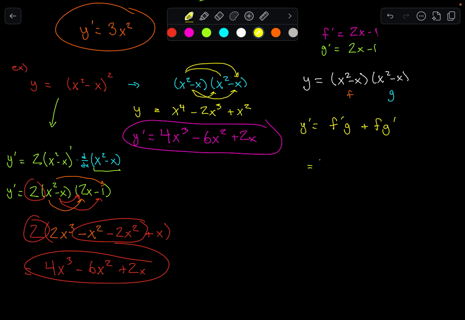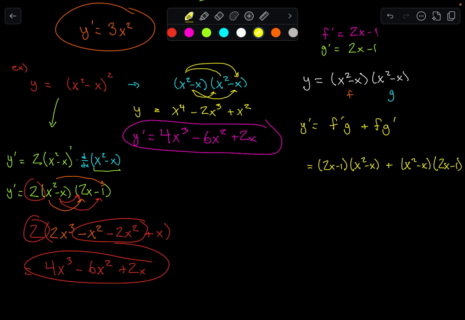And so once we have all of those, we just pop them into our equation. So we're going to get f prime, which is 2x minus 1, times g, which was x squared minus x, and then plus f, which is just x squared minus x, and then times g prime, which itself is 2x minus 1. A lot of repetition here.